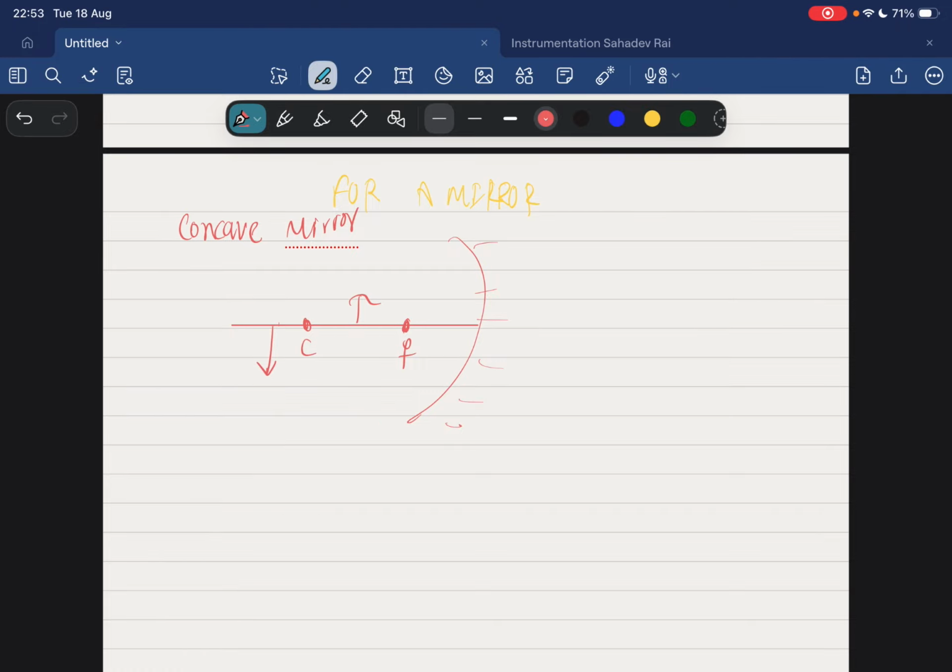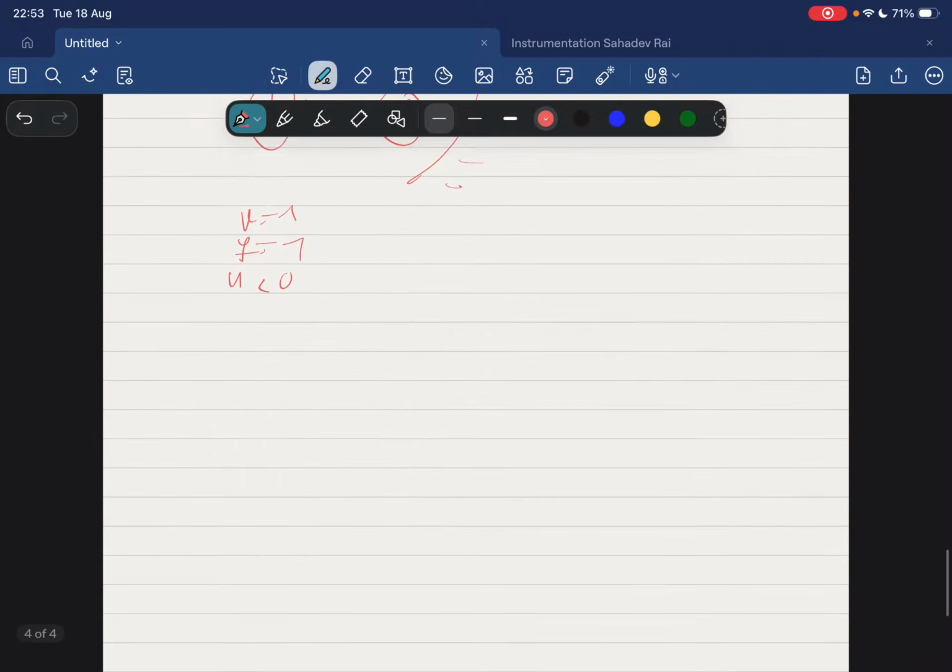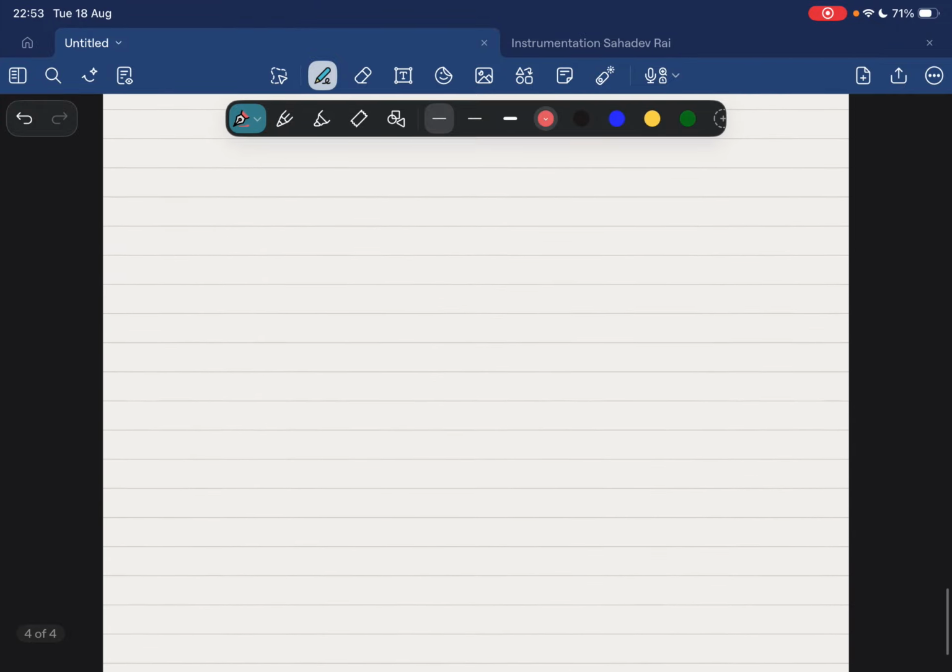So inverted image, v equals negative, f equals negative, u equals negative. Why is v negative? Because the object is on the left, and the image distance is also on the left. So concave mirror is just that.